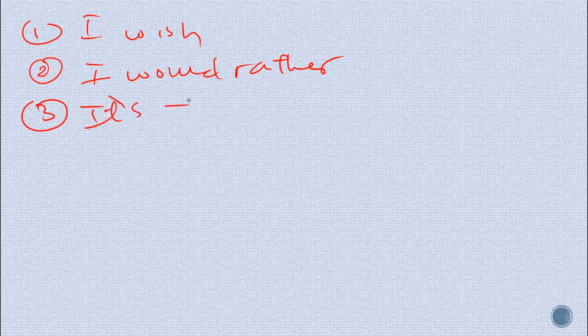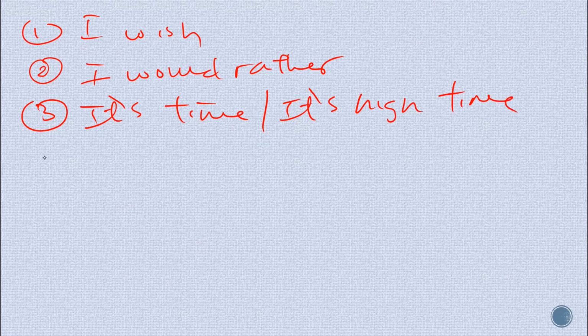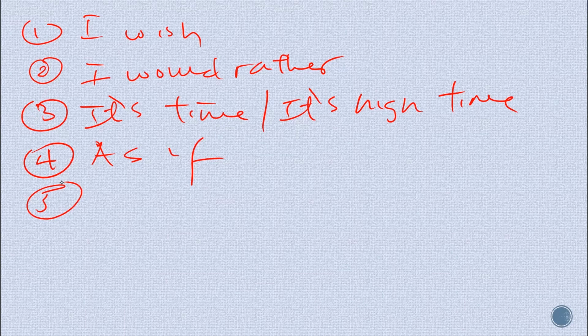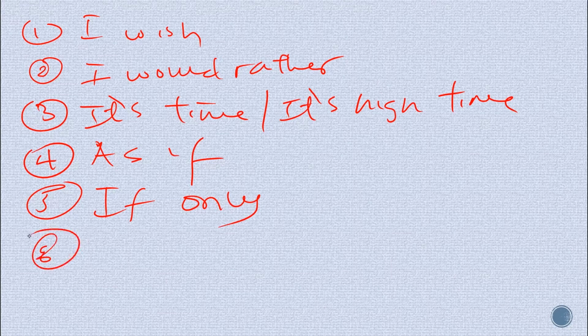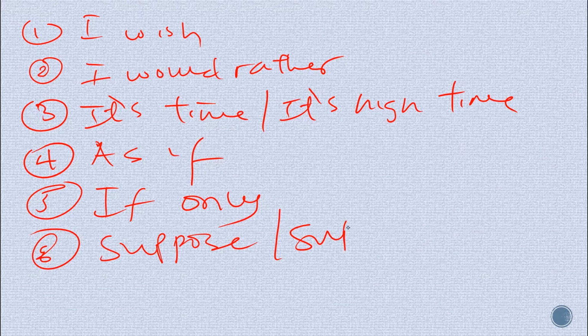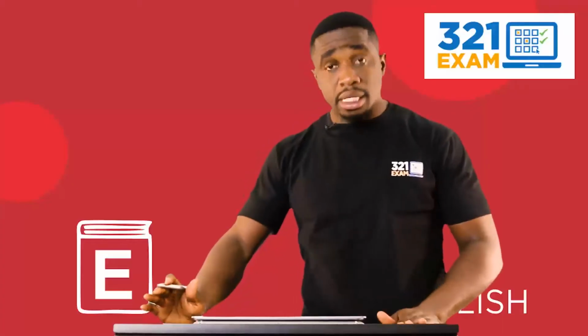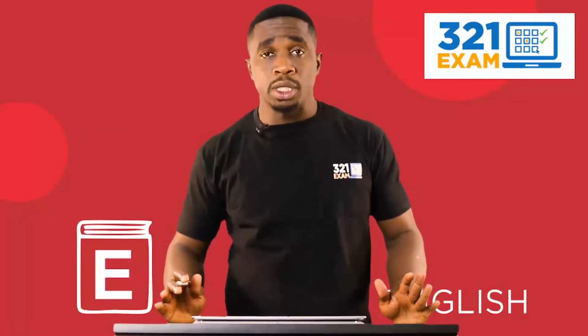Number three, it's time, or it's high time. Number four, as if. Number five, if only. Number six, supposing. Now, these are the various forms of the subjunctive.